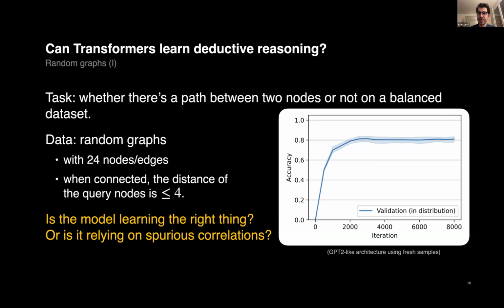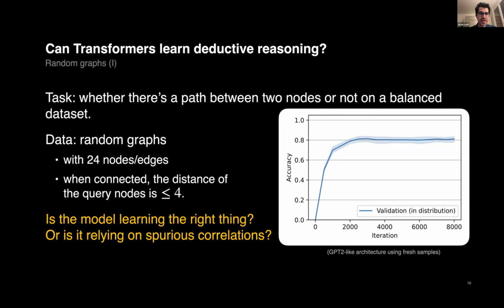But at least this 80% is much better than the trivial 50%. So we had a question: is the model doing the right thing, or is it just relying on correlations and shortcuts that are not correct reasoning, but are present in our distribution?